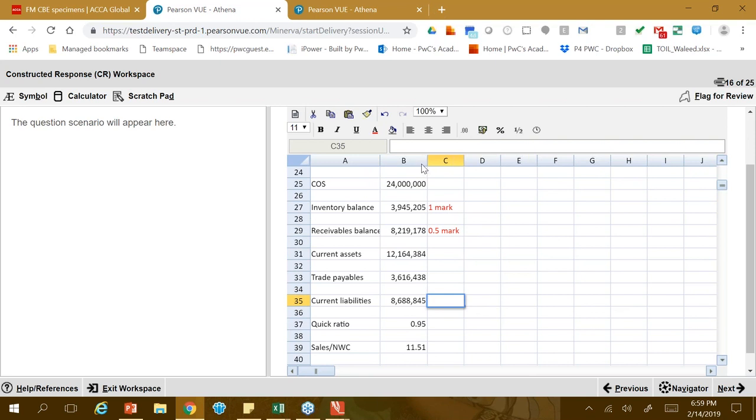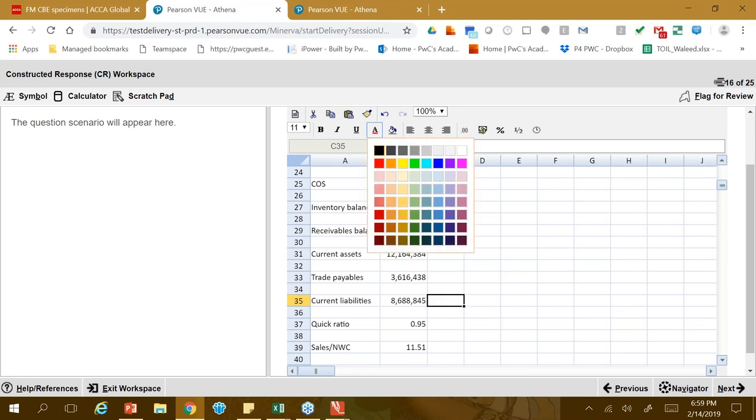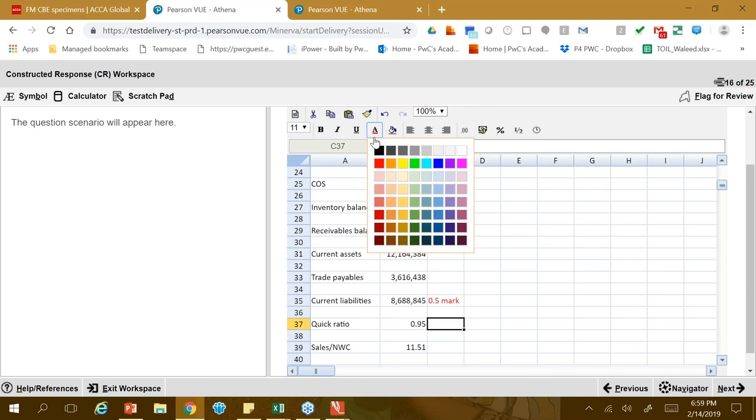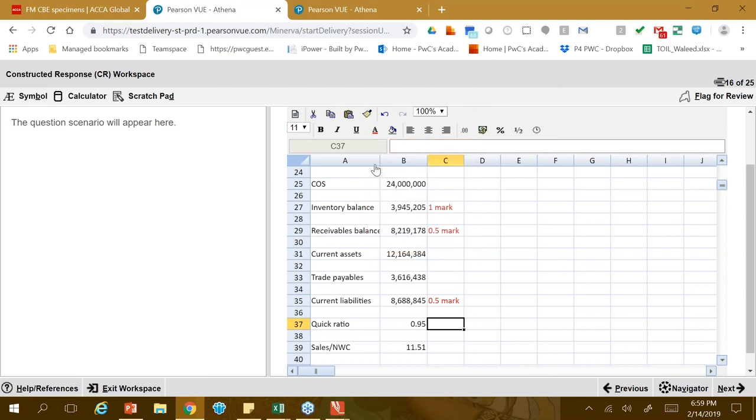You would have got 1 mark for doing the quick ratio. 1 mark for doing the sales to net working capital, and 1 mark for doing the net working capital. So basically 2 marks for this final ratio. That is your 5 marks here.